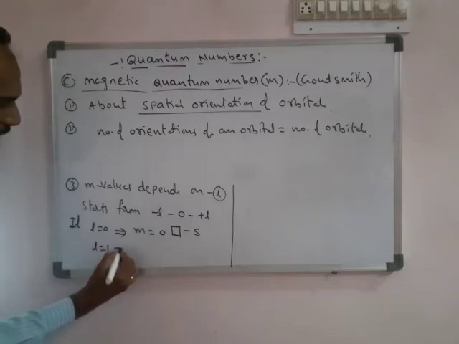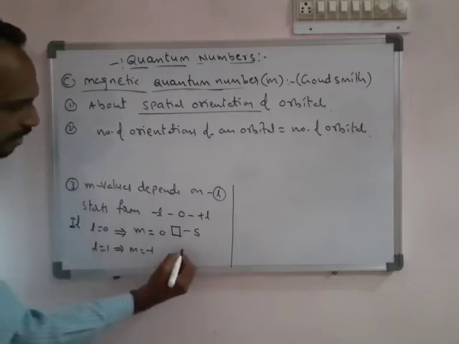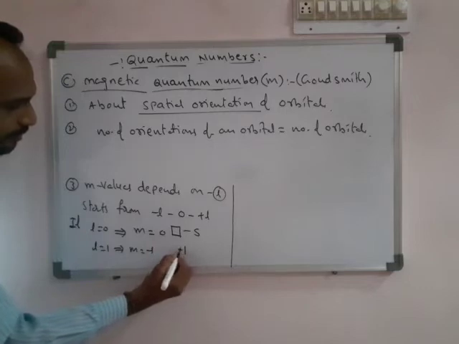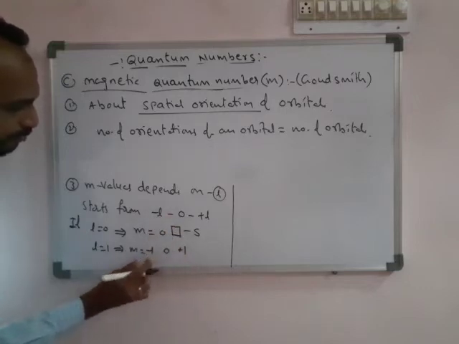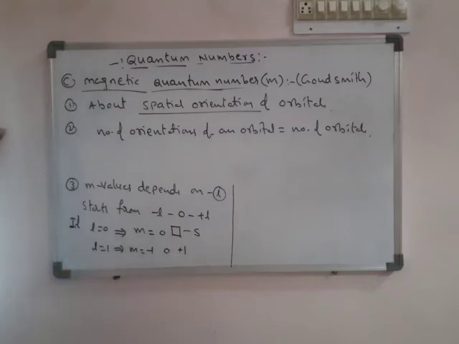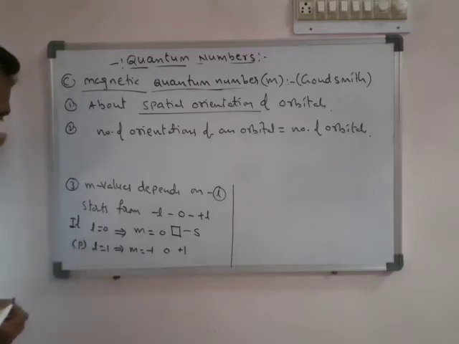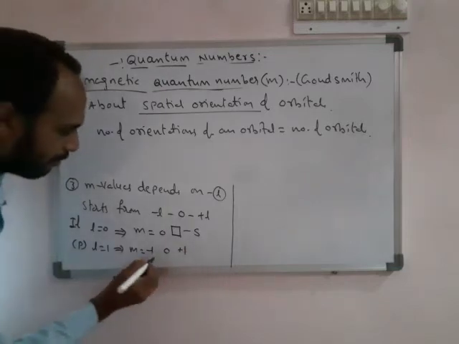If l is equal to 1, what are the m values? It starts from minus l, minus 1, and ends with plus 1, including 0: minus 1, 0, plus 1. l equal to 1 indicates p.